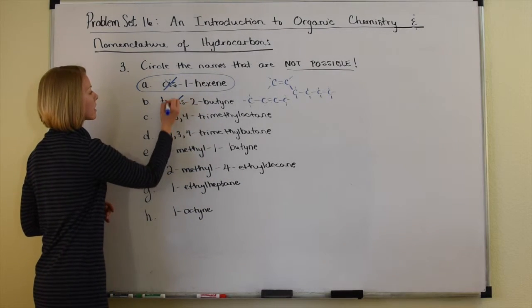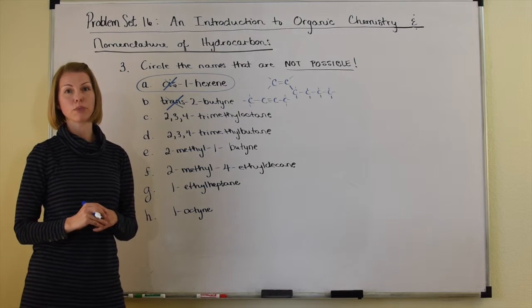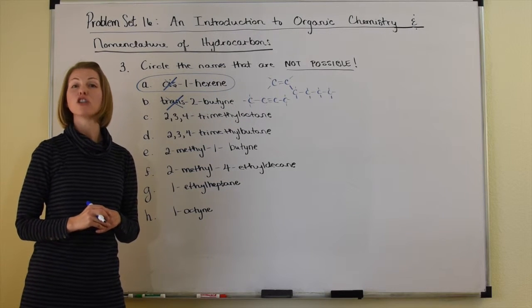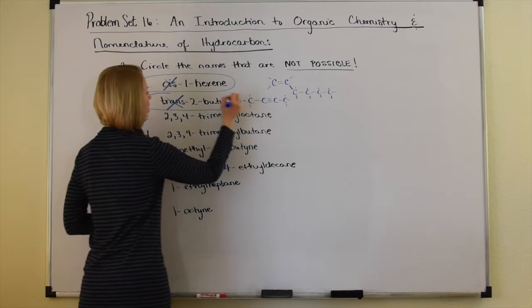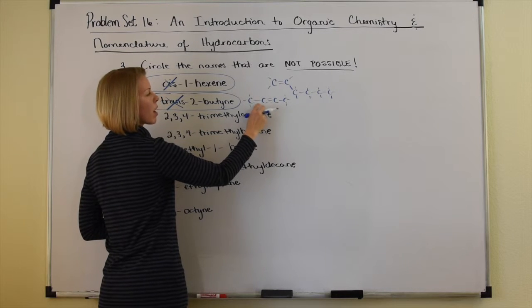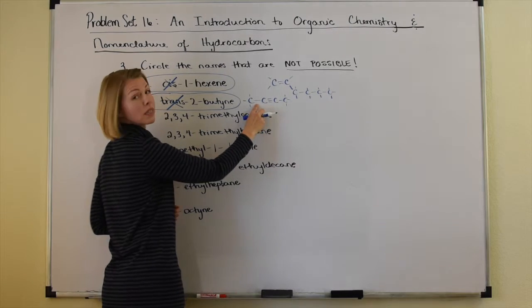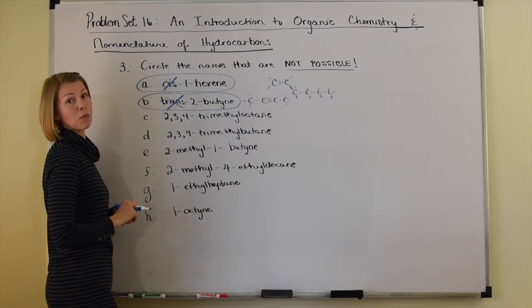So there is no molecule called trans 2-butyne. Alkynes do not exhibit cis-trans isomers. And that makes sense if you look at this molecule and see that there's only 1 possible substituent for a carbon that's part of a triple bond. Not 2, like there are when you have the double bond.